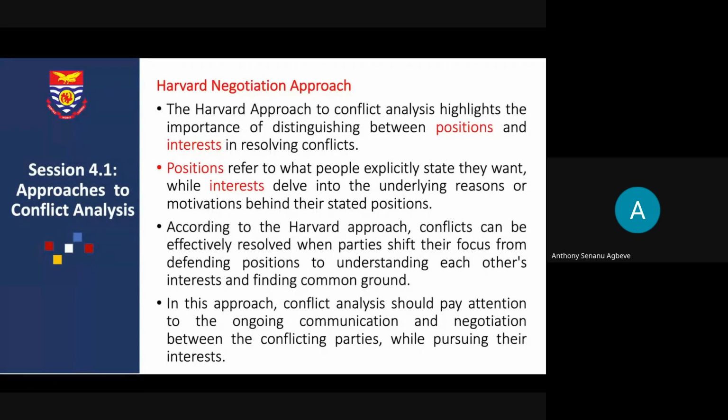So those are the reasons they are giving, and they feel that that alone should solidify their position that the gentleman is the actual overlord or ruler of the Boku area, right? So with the Harvard approach, those are the two main things you should be interested in when you want to look at any conflict. What are the positions of the people, and what are their interests, right?